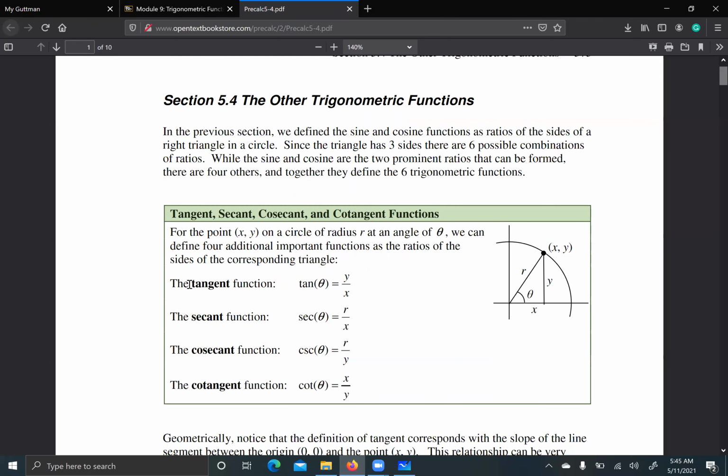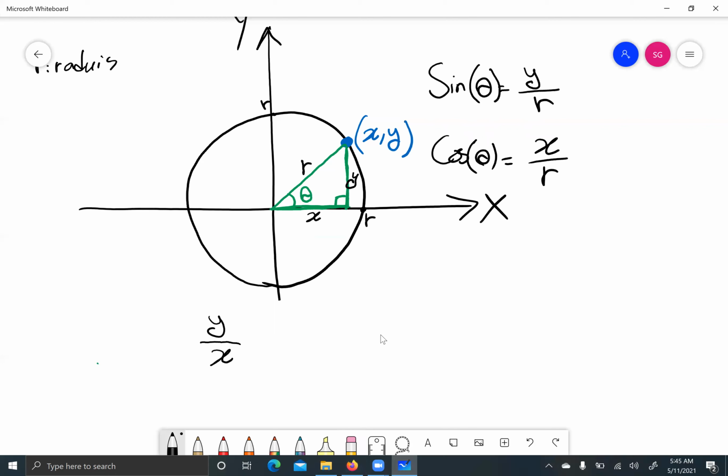Let's name it, and we name it the tangent function. The tangent function's input value is theta, an angle, like 30 degrees, 60 degrees, 90 degrees. So the input is an angle. What is the output? The output is this ratio, y over x.